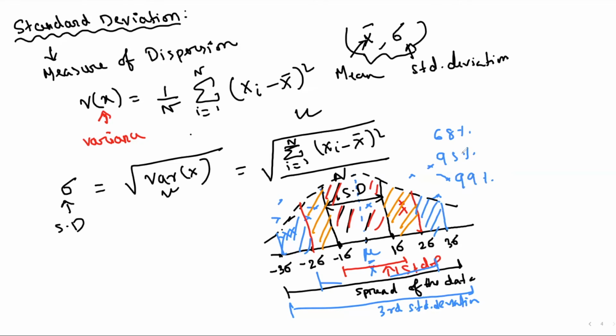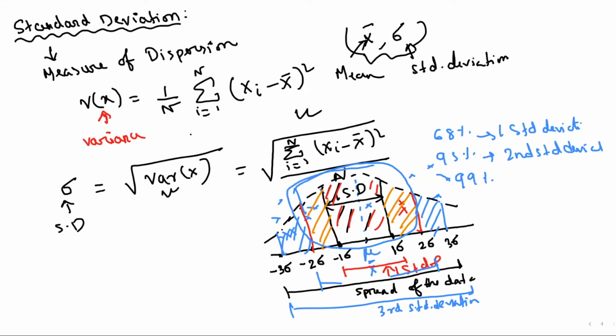Okay, so to give you a heads up, one standard deviation means 68% of our data set will fall in this range. 95 means second standard deviation, meaning 95% of the data will come in this range.